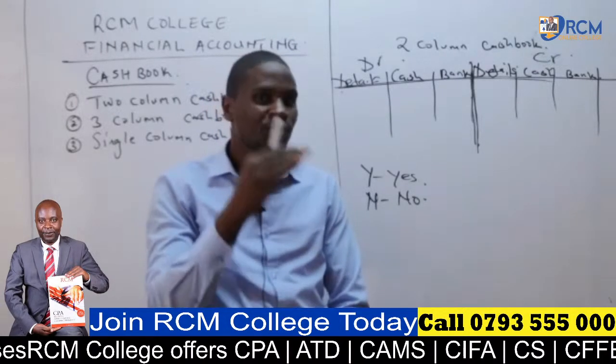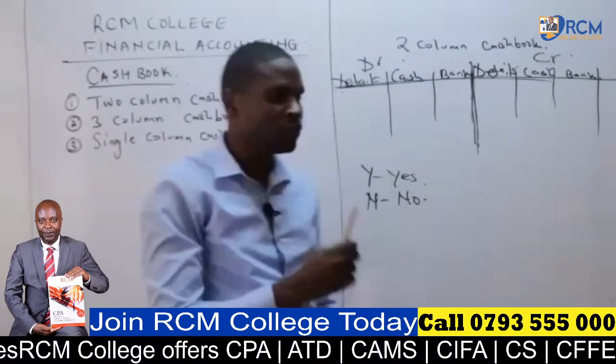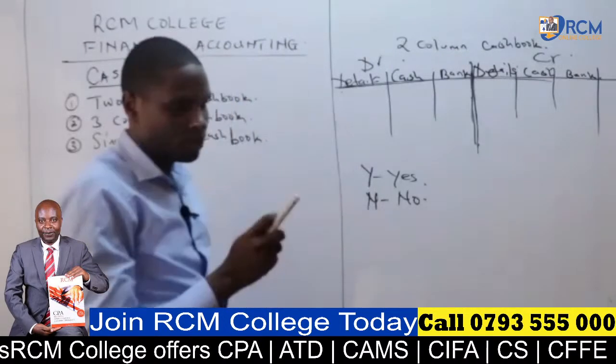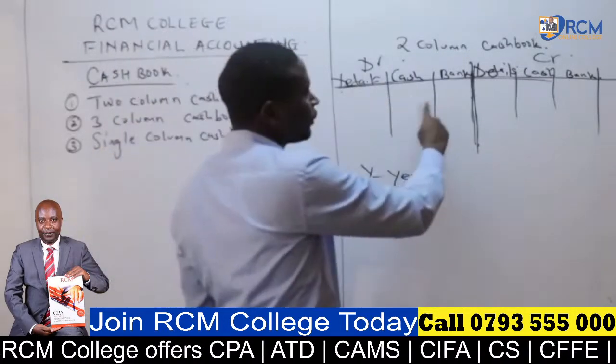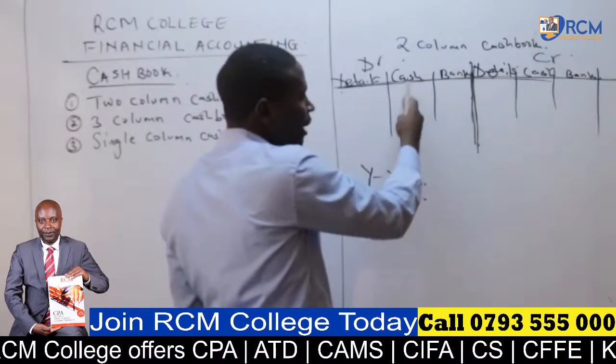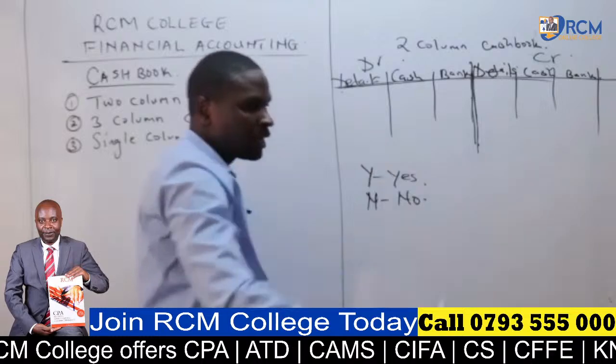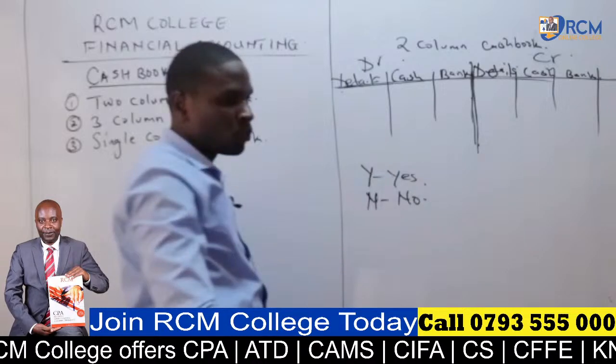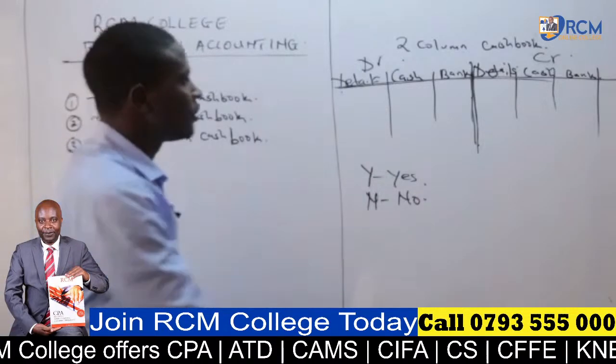If you had forgotten, let it stick in your mind that a 2-column cash book has cash and bank, or the other way, bank and cash, depending on how you want it. This is the first column.